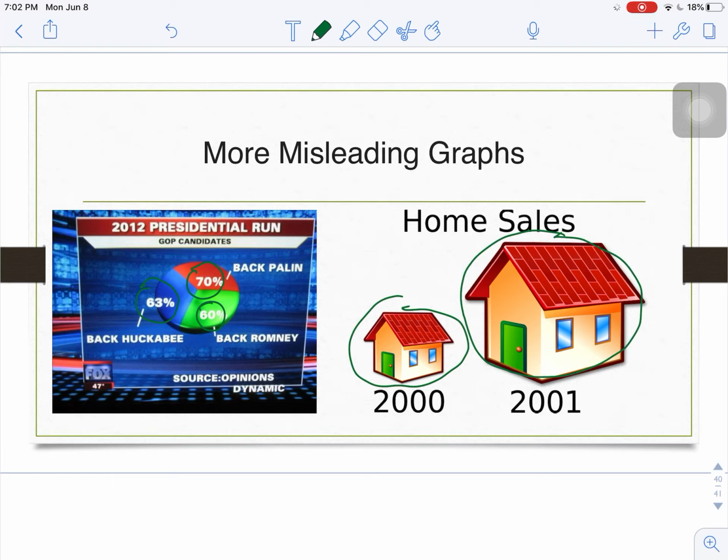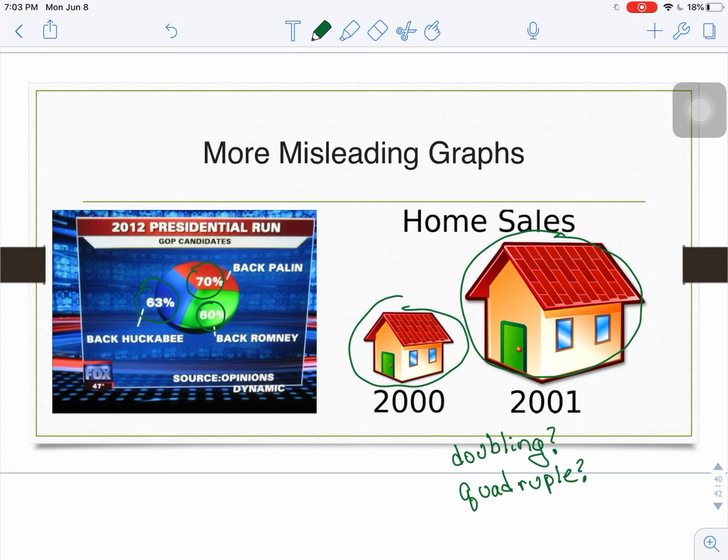For the home sales, if you're taking this small home and scaling it to that large home, first of all, is it saying that it's doubling? The way I look at it, I can fit 4 of these small houses into the large house.